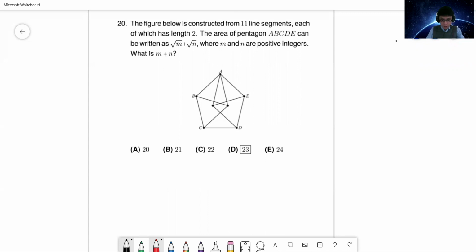So here we actually have 4 equilateral triangles. I'll call this M, this N. So we have triangle ABM, triangle BCM, triangle AEN, triangle DEN. They are all equilateral.